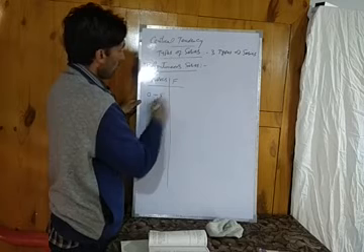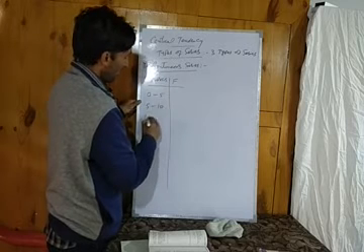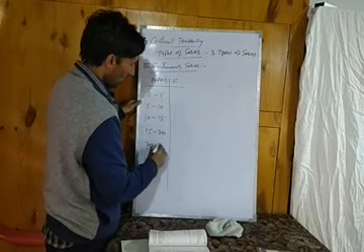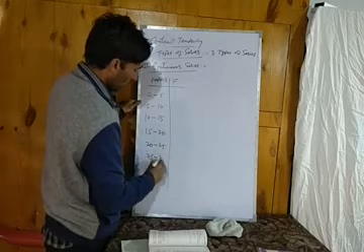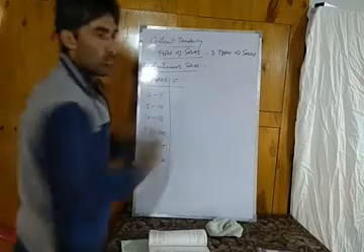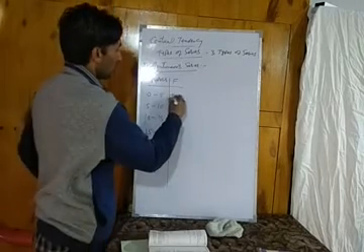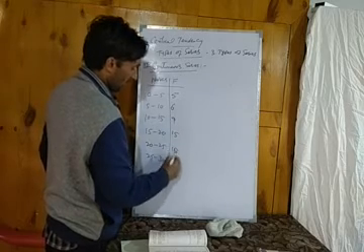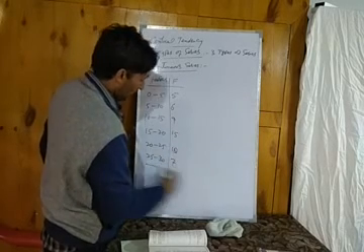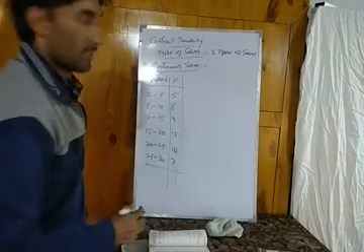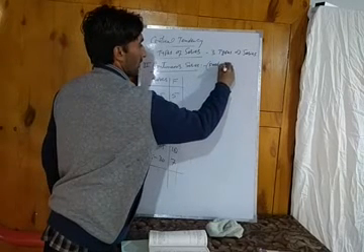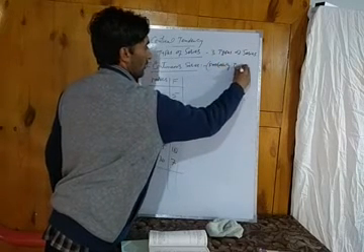For example, 0 to 5, 5 to 10, 10 to 15, 15 to 20, 20 to 25, 25 to 30, and each group of values has its frequency. For example, frequency is 5, 6, 9, 15, 18, 7. So this series is called continuous series, or sometimes we call it frequency distribution series.